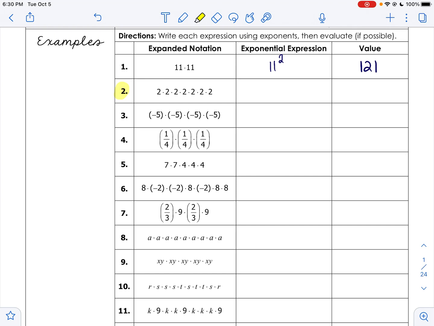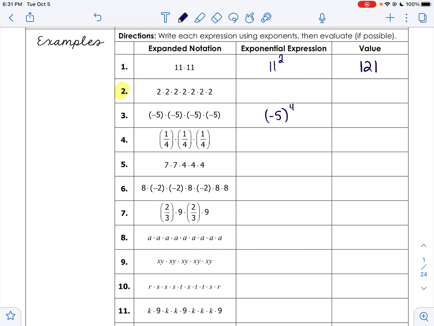So number 3 has a negative number that we're multiplying. And notice how that negative number is in parentheses. So when we rewrite that into our expression, we want to keep that base of negative 5 in the parentheses. And then we're multiplying negative 5 1, 2, 3, 4 times. So it would be negative 5 to the 4th power.